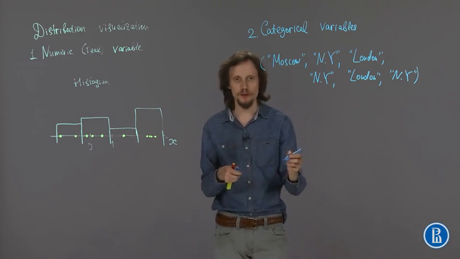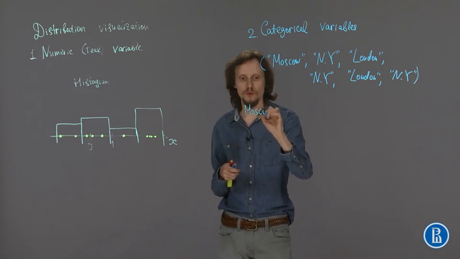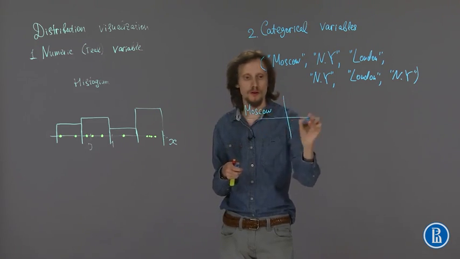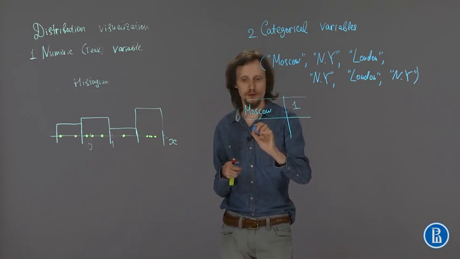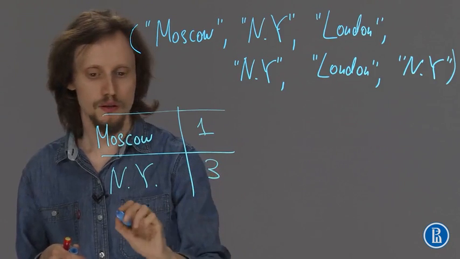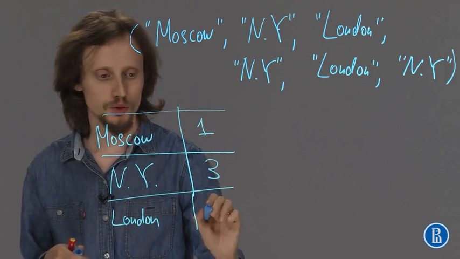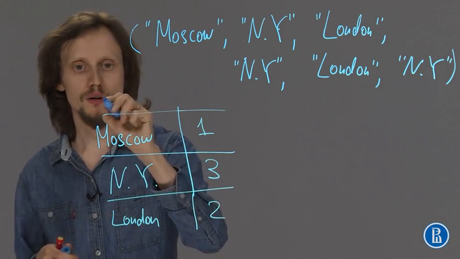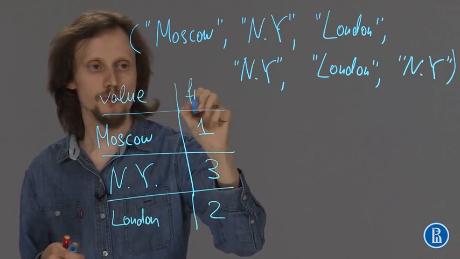And I can draw a table like this. Moscow 1 time, New York 3 times, London 2 times. So this is value and this is frequency.